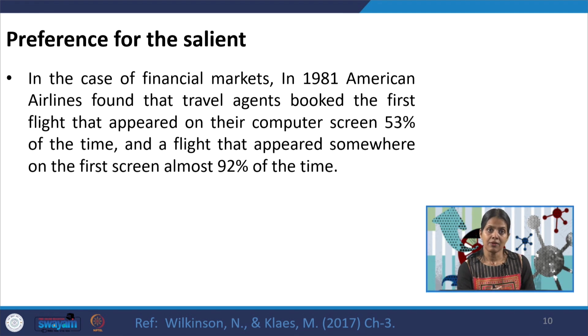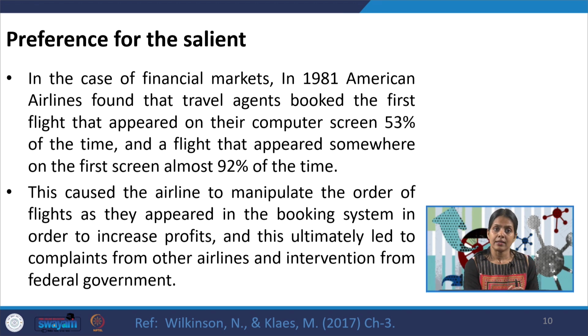In the case of financial markets, in 1981 American Airlines found that travel agents booked the first flight that appeared on their computer screen 53% of the time, and a flight that appeared somewhere on the first screen almost 92% of the time. This caused the airline to manipulate the order of flights as they appeared in the booking system in order to increase profits, and this ultimately led to complaints from other airlines and intervention from federal governments.